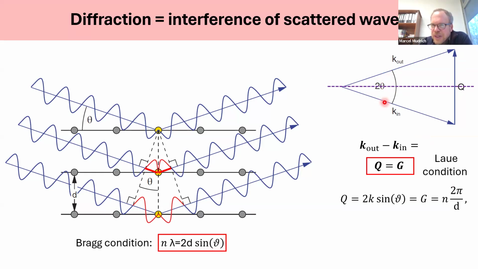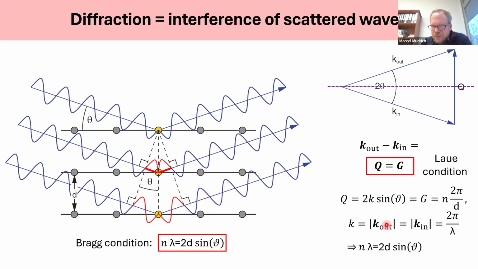Then Q can be written as 2k sin theta, and that has to equal G, and G, the reciprocal lattice vector length, by definition has to be integer multiples of 2 pi over d, where d is the spacing between lattice planes.